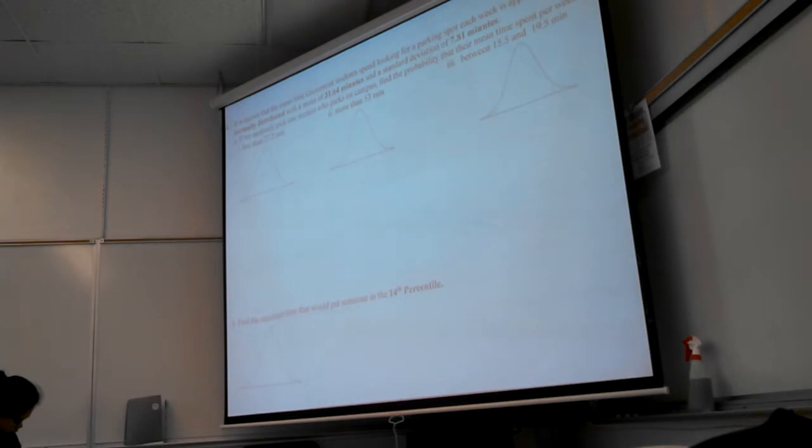You look it up, and then 1 minus that, that's the right idea. I don't know if that's the right number yet. The area I got was 0.2843. And the question was less than, so I don't have to do 1 minus. The chart tells me less than.